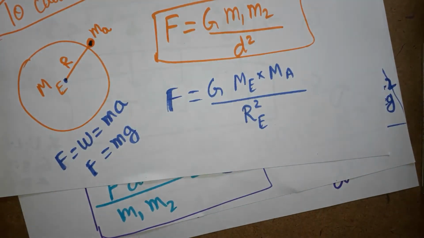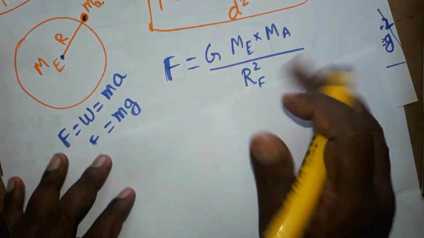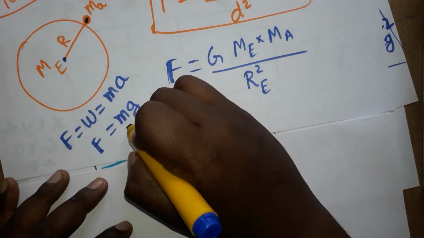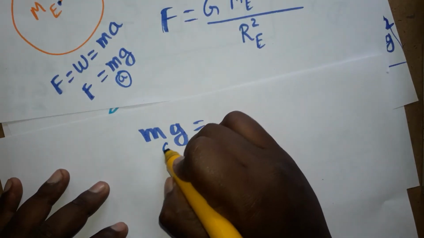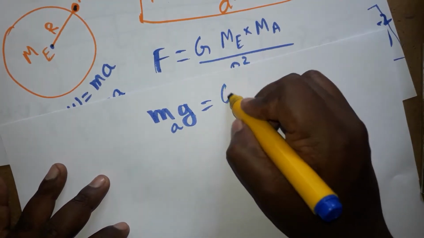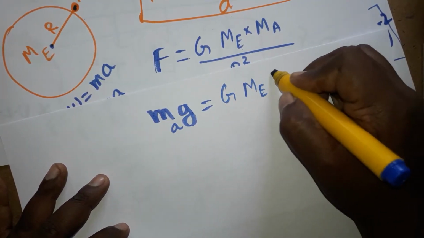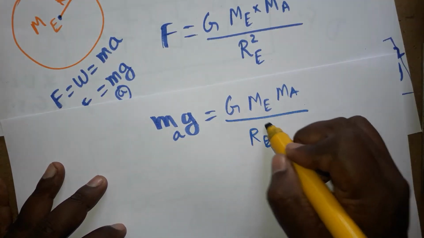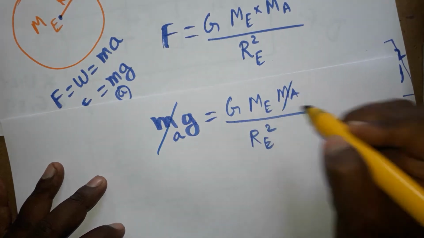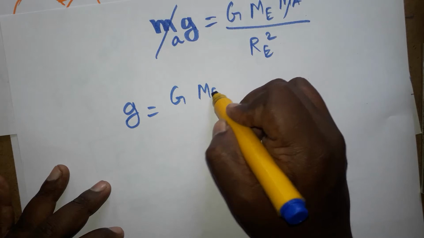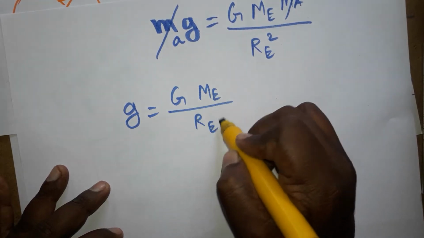Using the same equation, mg is equal to G times mass of earth, mass of apple divided by radius of the earth square. The mass of the apple gets cancelled, so small g is equal to G times mass of the earth divided by radius of the earth square.